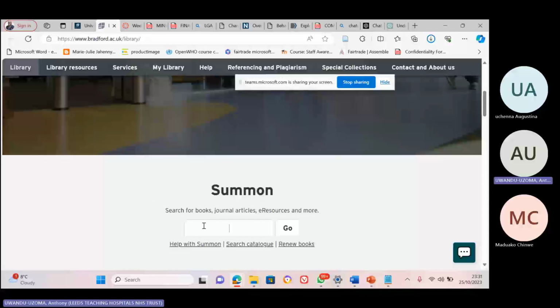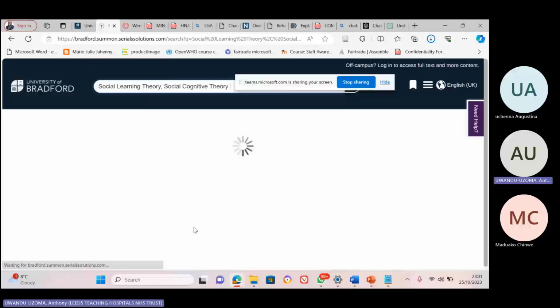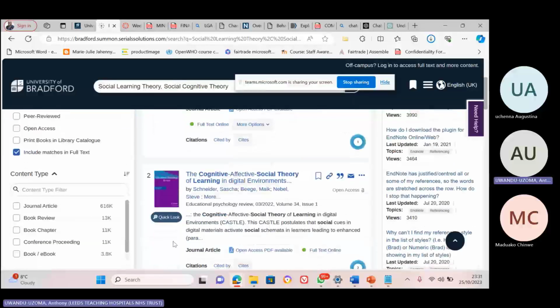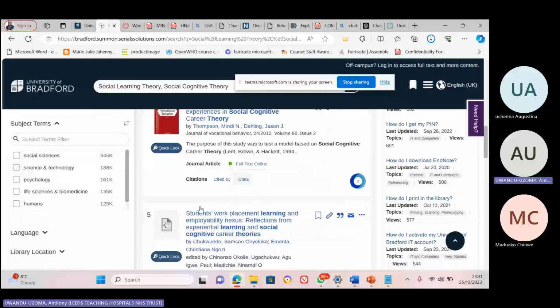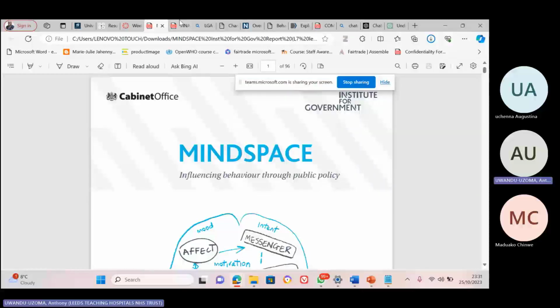Library. Yes. Type in social learning theory, or social cognitive theory. What is it? And how do you apply it? So it's a reading that you read here, here, here, and here. By the time you do that search, I can see that I'm supposed to read social learning theory.